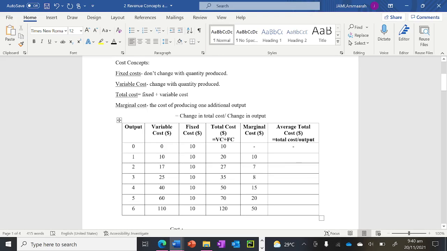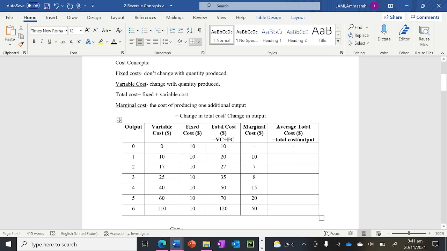Now the average total cost. Average cost is the cost for producing each unit of output, and this is probably very familiar to you guys. The formula for average total cost is the total cost over output. If they ask for average variable cost, you would do variable cost over output. But since here they're asking for average total cost, you do total cost over output.